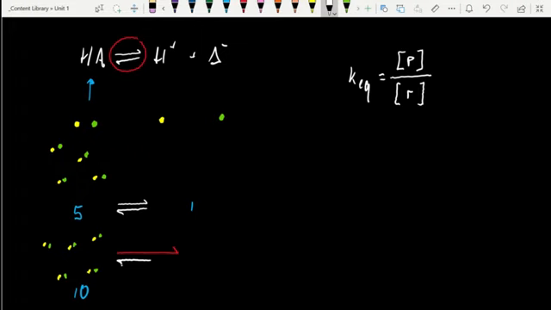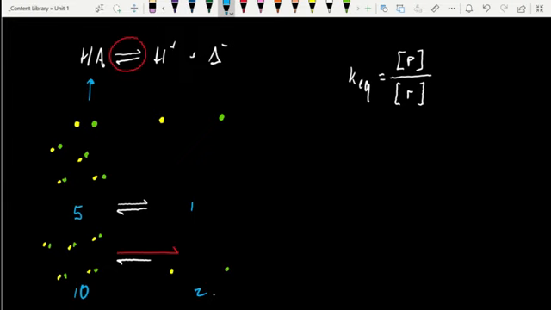If we add those two arrows up, what do we see? We see a net movement toward the other side. We know, because we're trying to maintain that same ratio, that we're going to end up with another single yellow and another single green. So now, where we have 5 plus 5 gives us 10, now we have over on the right side 1 plus 1 to give us 2.